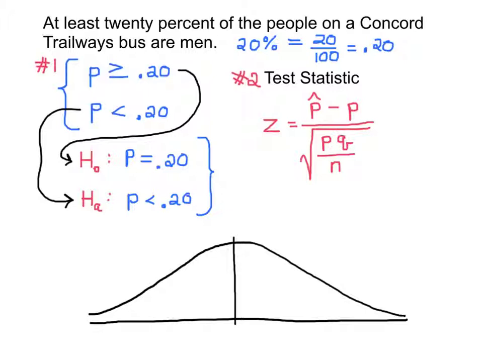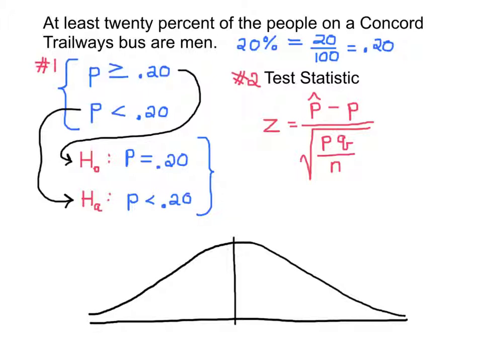If we look at our null hypothesis and our alternative hypothesis, we see that our alternative hypothesis says that p is less than 0.20.